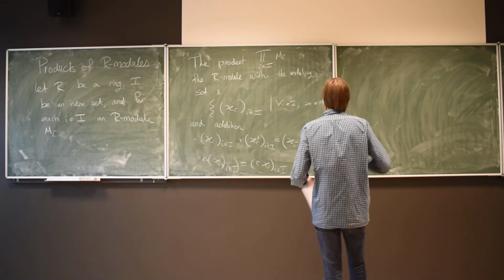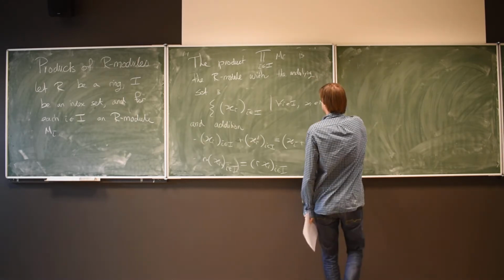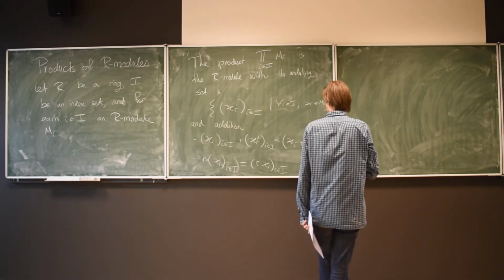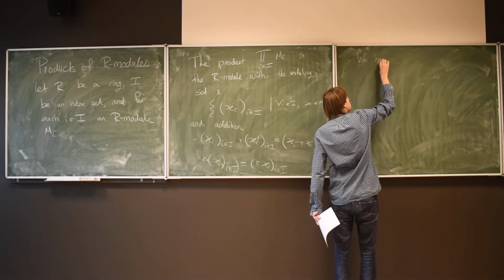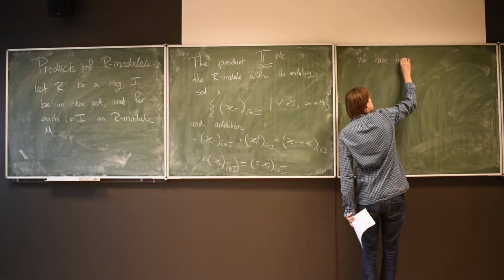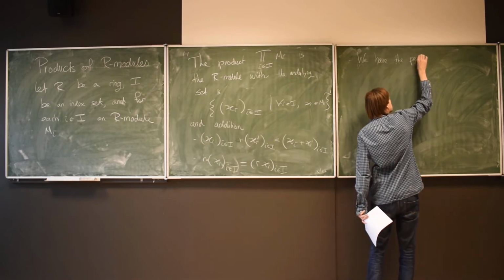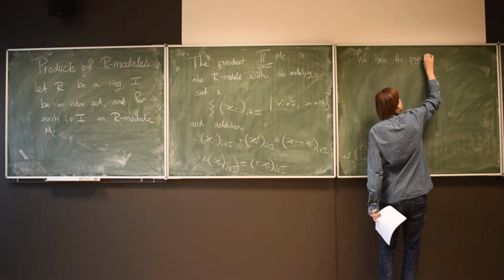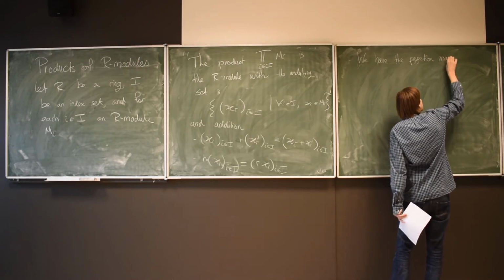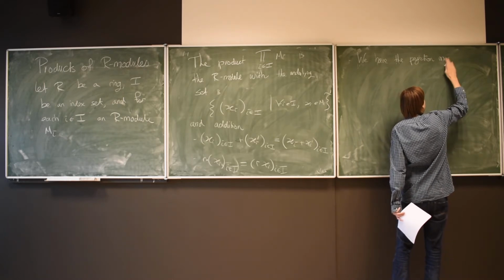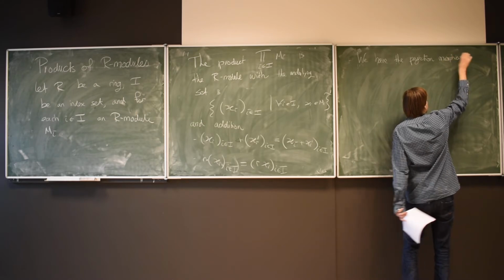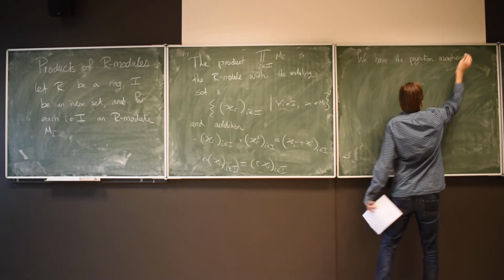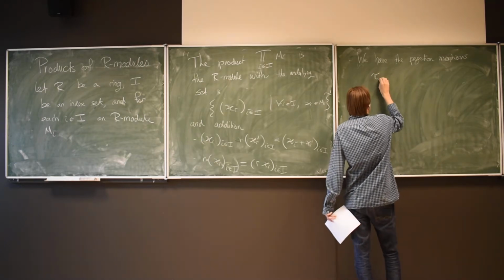One important thing to know is that this product comes with projection maps. So we have the, let me call them projection morphisms, because they're again morphisms in the category of R modules.